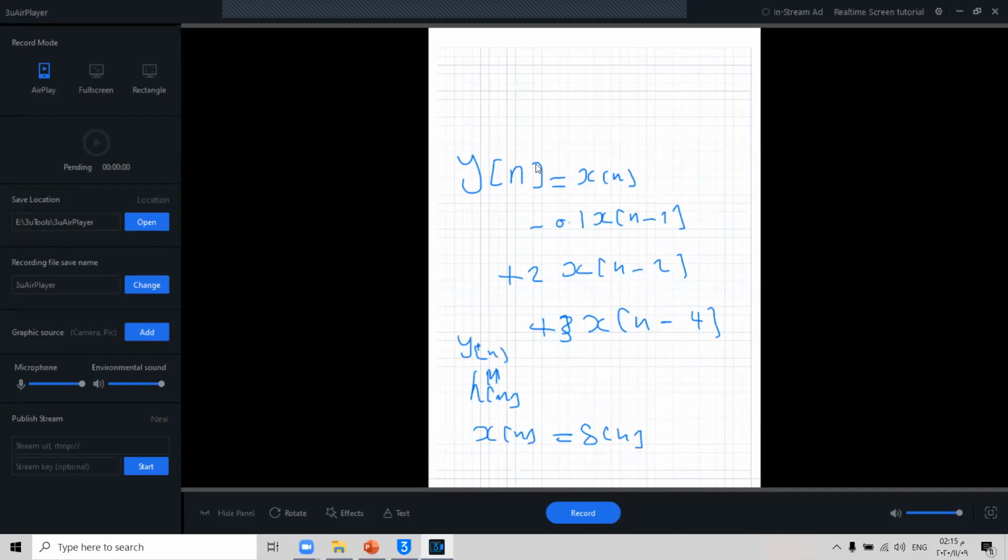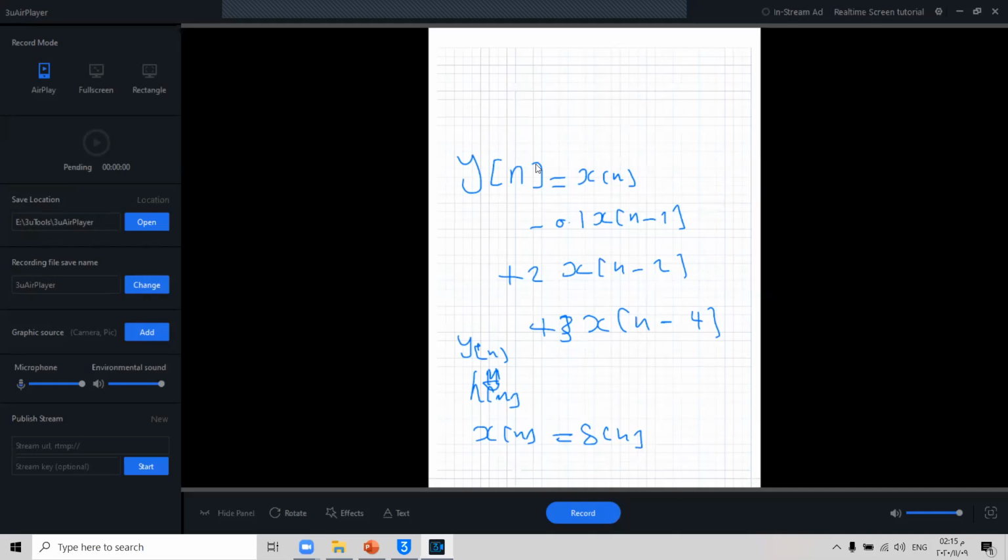Well, so you have to keep in your mind this important note: when you are going to measure the impulse response of any system, we have to substitute the input by the delta function to determine the impulse response of that system.